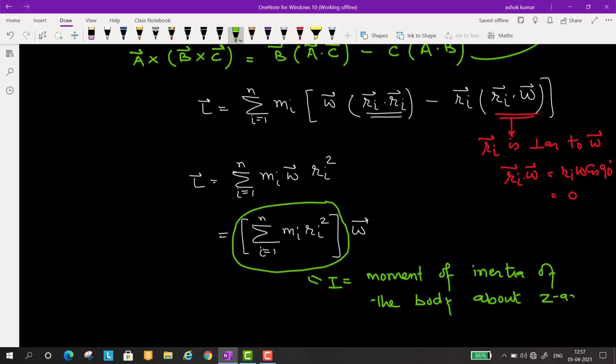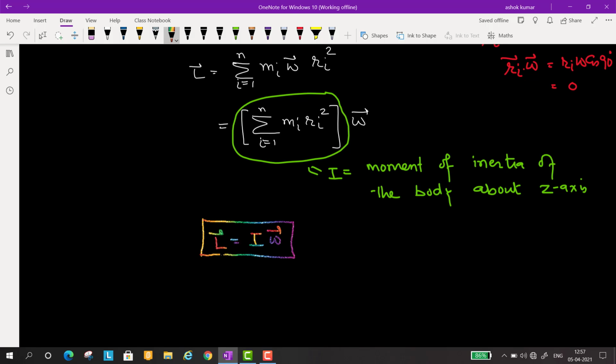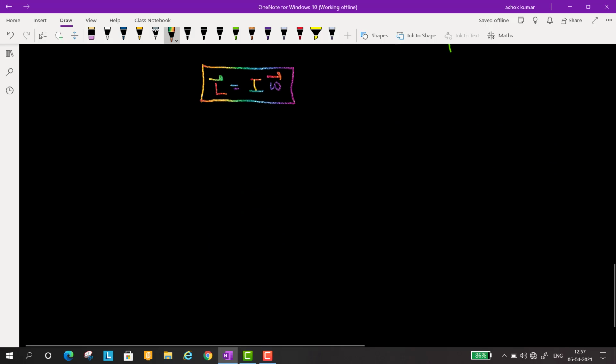So whenever we talk of moment of inertia, we must specify the axis we are talking about. So this formula becomes L is equal to I omega. This is the same formula you might have studied in lower classes, and it has been derived for a rigid body taking the three-dimensional motion.